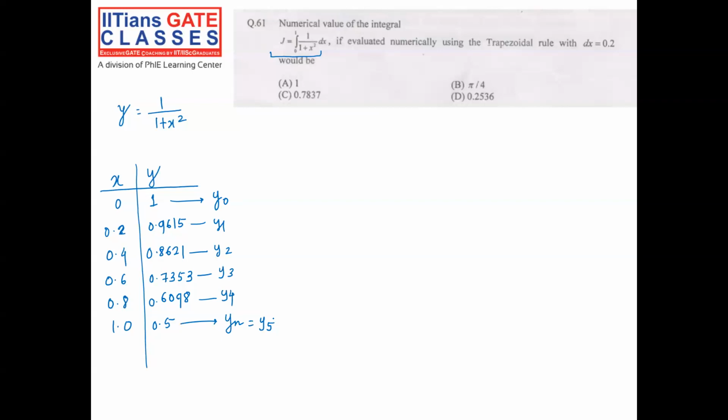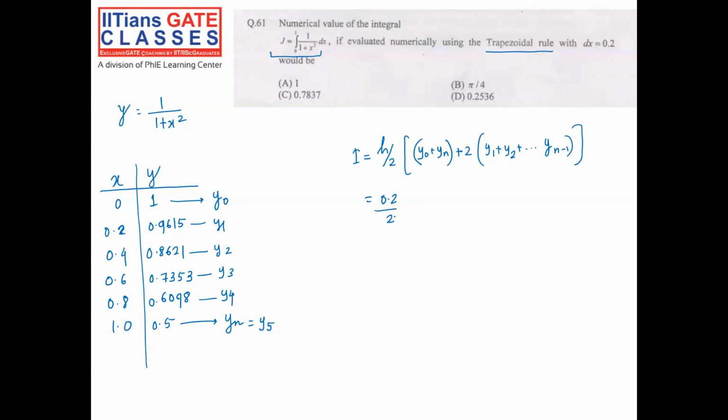So we know the formula for the trapezoidal rule. The value of the integral according to the trapezoidal rule is h by 2 times y0 plus yn plus 2 times y1 plus y2 plus so on till yn minus 1. So this is a generalized formula. In this case, the value of h is 0.2.